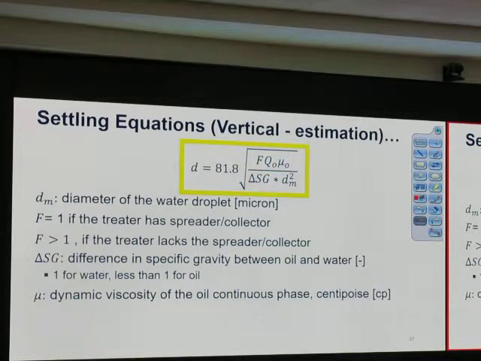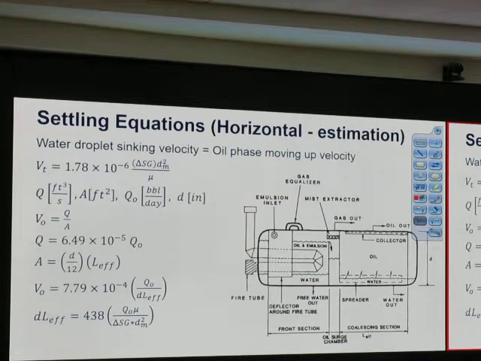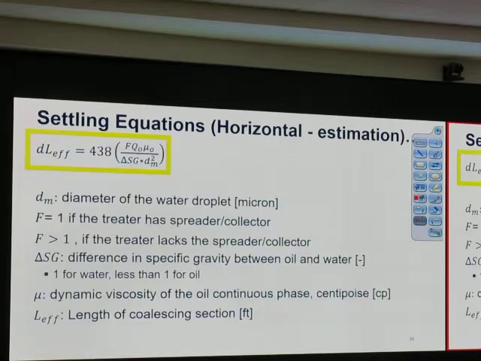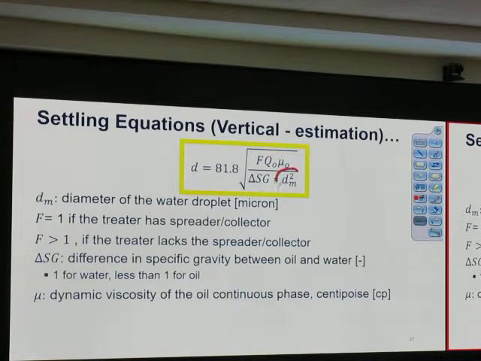We know the oil flow rate, Q sub O. Q sub O we put in barrels per day. Okay, we know all that. We know droplet size. Put it in, I can tell the diameter of the heater treater. Good. That's the equation to check if we have a big enough heater treater or not.